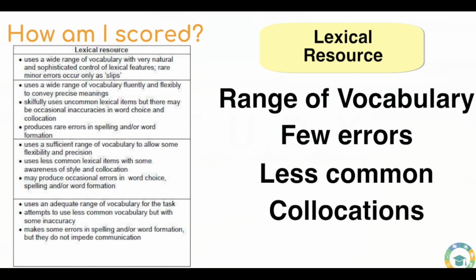Try to use more advanced or less common vocabulary and as well understand how words are paired together. These are called collocations. For example, steep rise, quick rise, dramatic rise. Collocations are common word pairs and they can help you to score more marks in IELTS Writing Task 1.